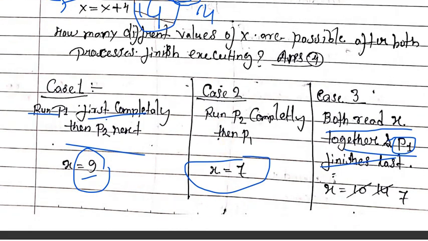Now here it's wrong. Okay, it's not 7, it's 5. For this condition, the value of x becomes 5.